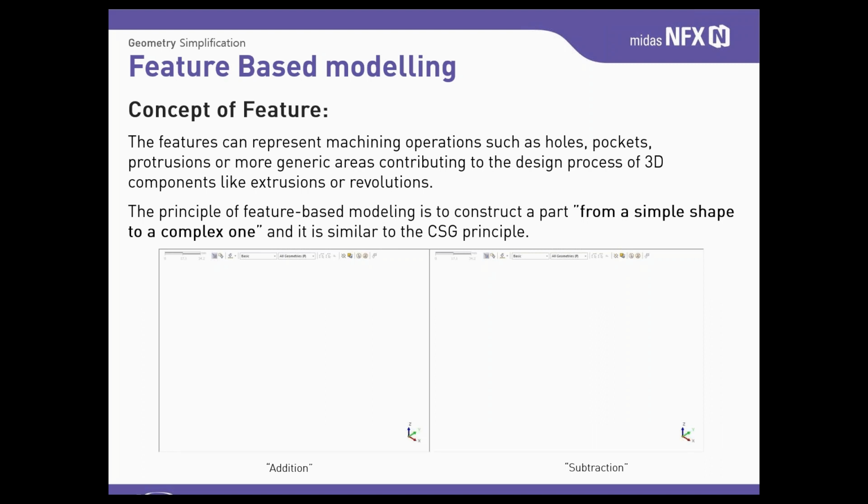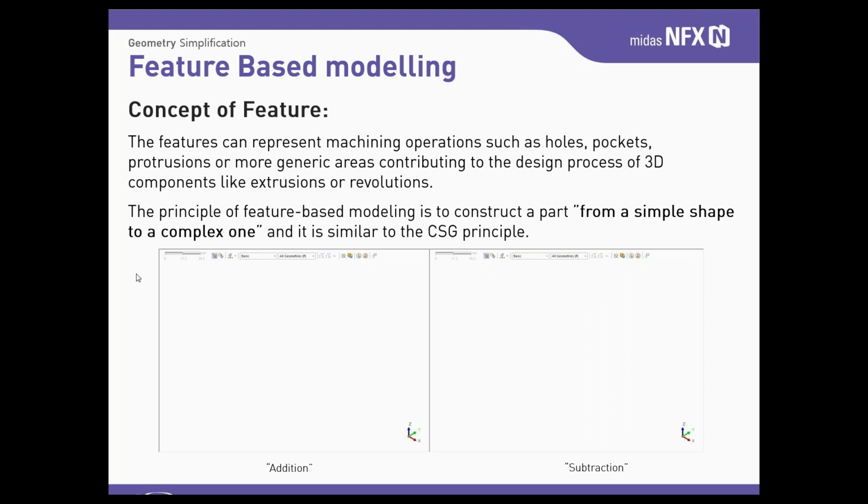Feature-based modeling. Having the background presented before, we can start to talk about modeling and go slowly to the simplification process. Feature-based modeling is a very well-known concept and approach, and it's still widely used among many engineers. So I think there is no special need to talk about this concept.